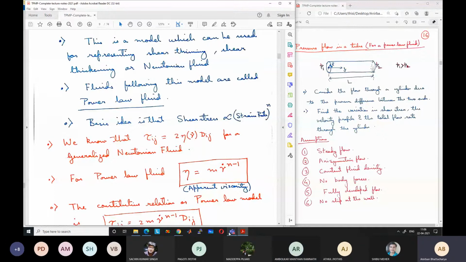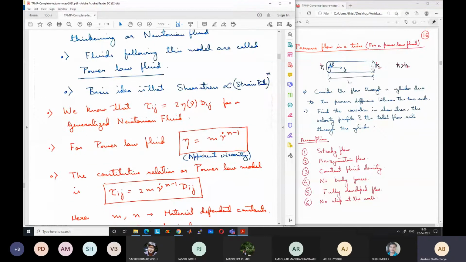So n is not equal to 1, and accordingly eta varies with the strain rate. This was the definition of a power law fluid, and with this definition of apparent viscosity, we can define for a generalized Newtonian fluid the shear stress tau ij equal to 2 eta dij, where dij is the rate of deformation in the same direction.